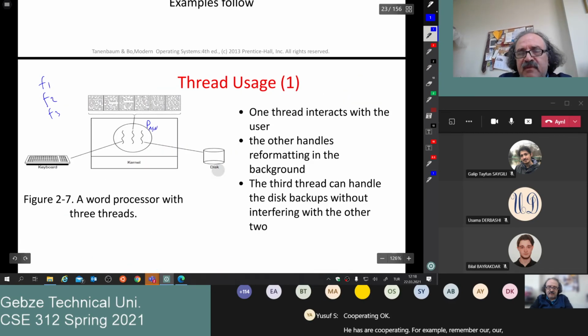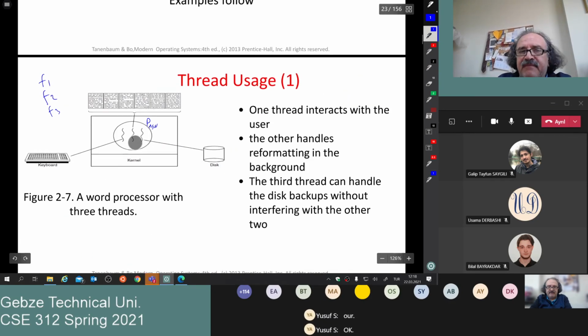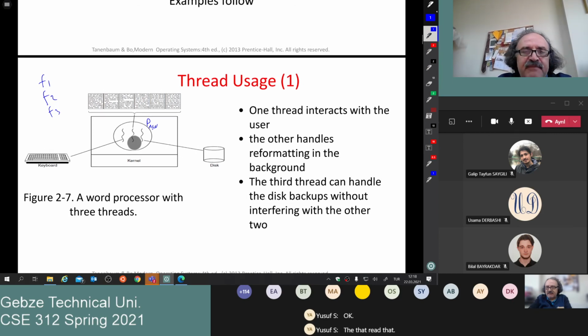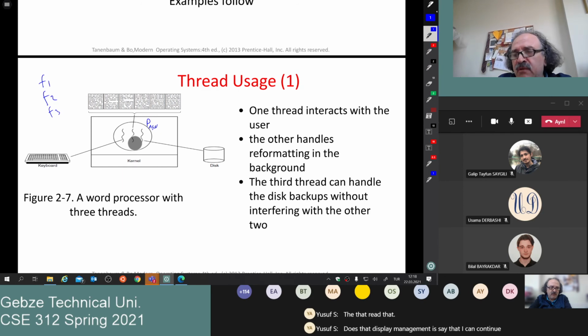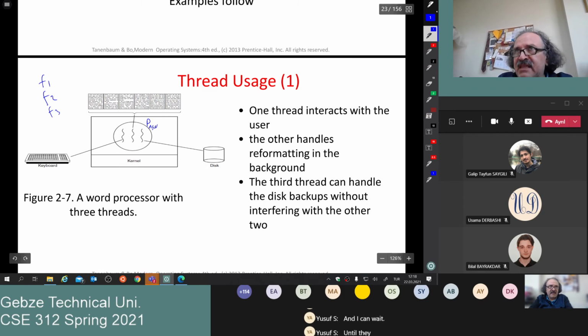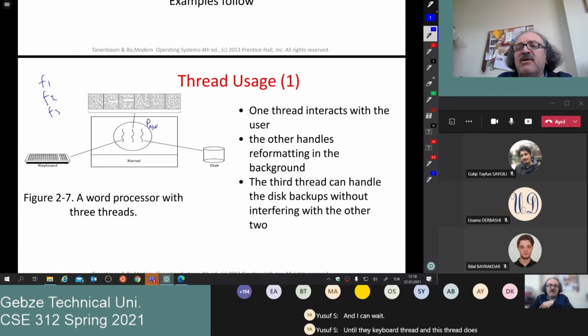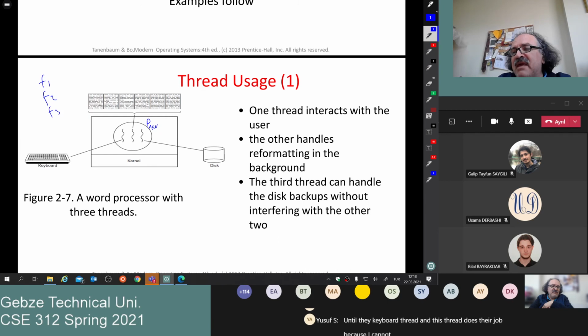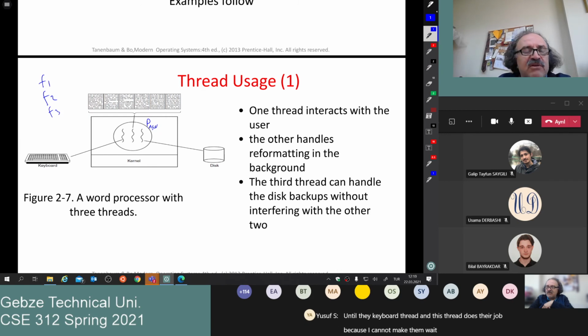For example, remember our thread that does the display management. It says that I can continue using the CPU, but for now, maybe for a few hundred milliseconds, I can take a break and wait until the keyboard thread and this thread do their job, because I cannot make them wait for a longer time.